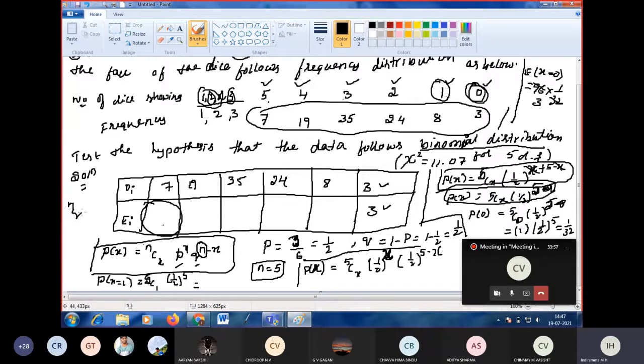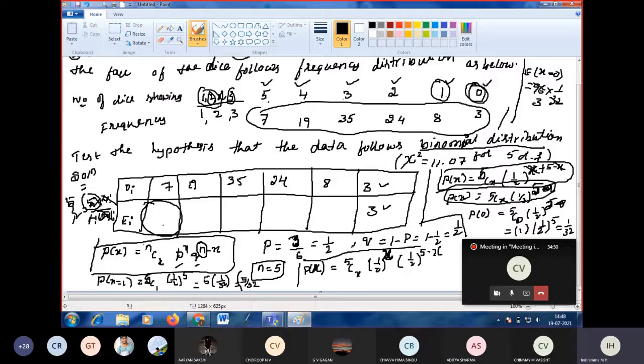NCR formula: n factorial by r factorial into n minus r factorial. So n is 5, 5 factorial divided by 1 factorial into 5 minus 1, that is 4 factorial. NC1 is 5 only. 5 into 1 by 2 power 5 is 1 by 32, so 5 by 32 we got. So this is the probability we got.